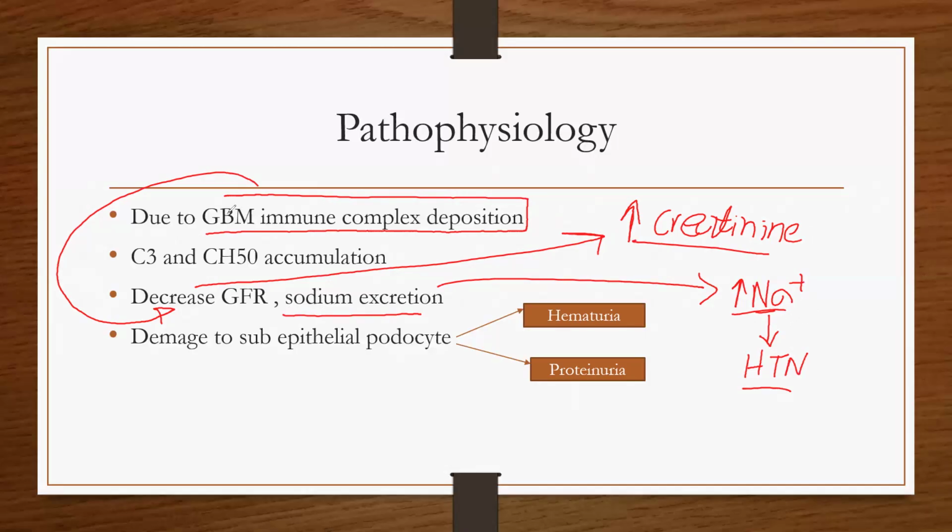Okay, so this glomerular basement membrane immune complex deposition also damages the subepithelial podocyte. When the subepithelial podocyte is damaged, it will lead to hematuria, blood in the urine, and proteinuria. So protein is lost in the urine.